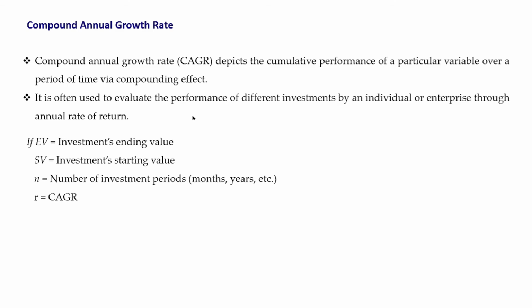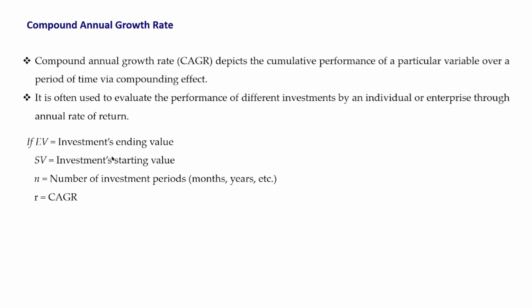It is used to evaluate the performance of different investments by an individual or an enterprise through the annual rate of return. Now this annual rate of return is calculated as the investment's ending value minus starting value upon investment starting value. And next we have the formula for this compound annual growth rate.